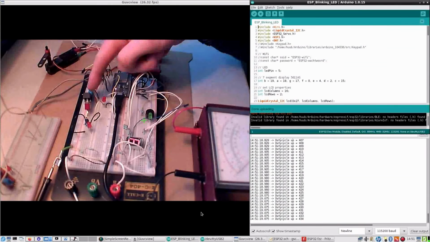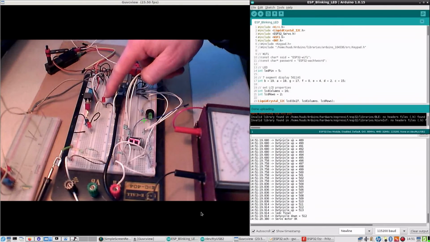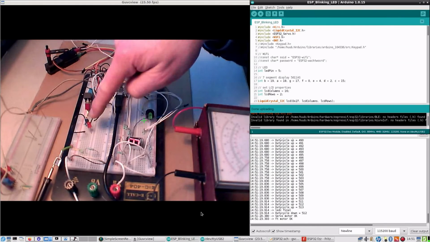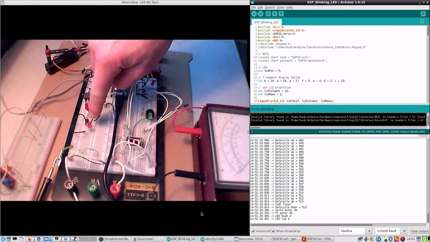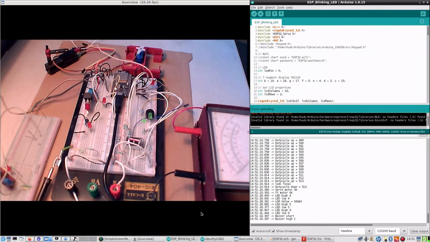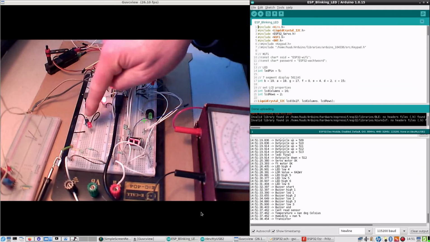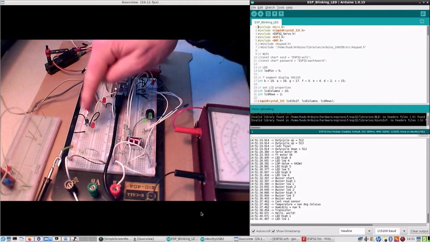So in this position, whenever this LED burns, this one burns as well, with respect to a direct connection not via the transistor. So now, yep, and this one burns as well.